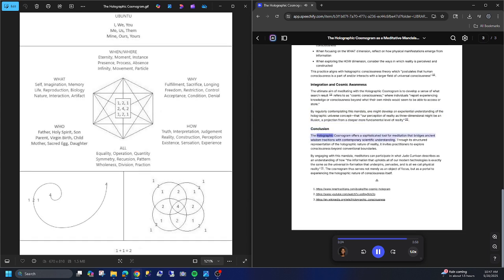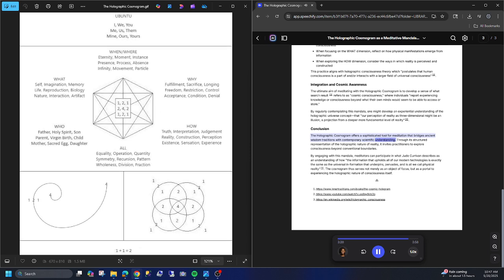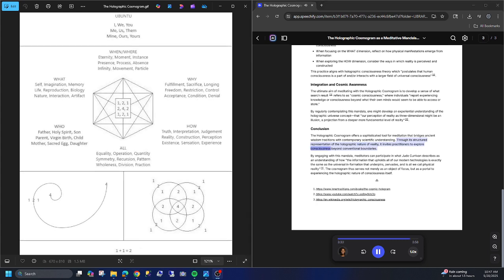Conclusion. The holographic cosmogram offers a sophisticated tool for meditation that bridges ancient wisdom traditions with contemporary scientific understanding. Through its structured representation of the holographic nature of reality, it invites practitioners to explore consciousness beyond conventional boundaries.